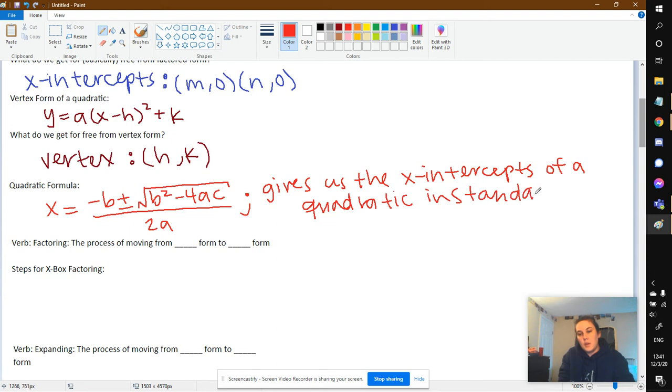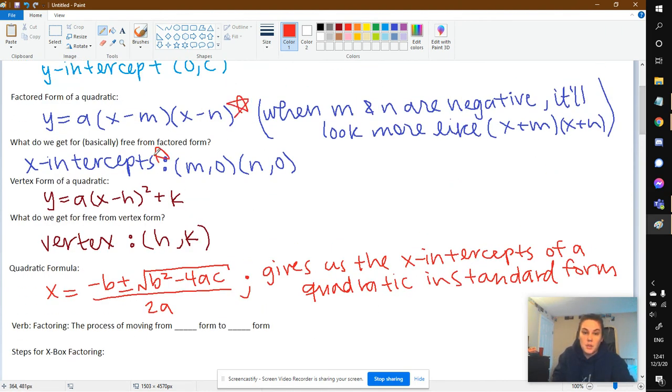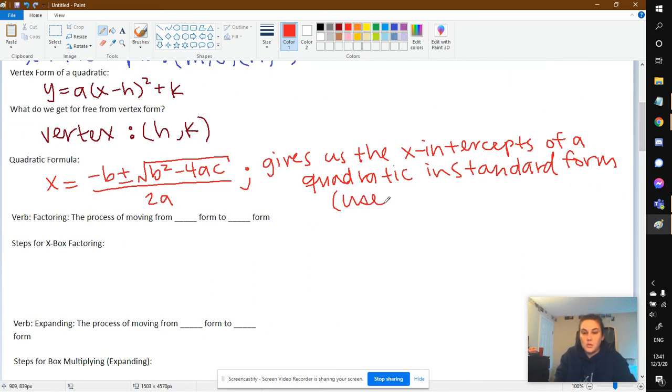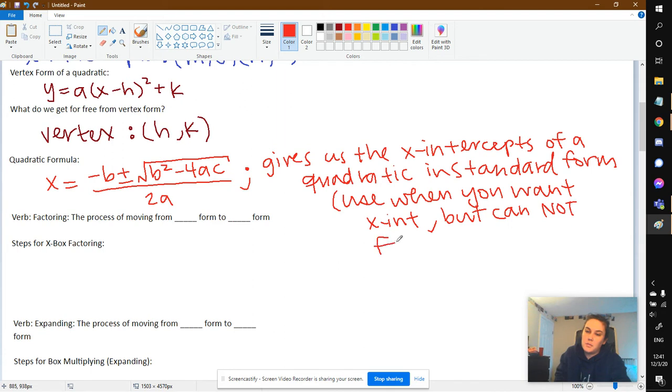And the main reason we'd want to use this is when we can't factor a quadratic. So we can't get it into this factored form, but we still want the x-intercepts, right? So use when you want x-intercepts but cannot factor your equation.